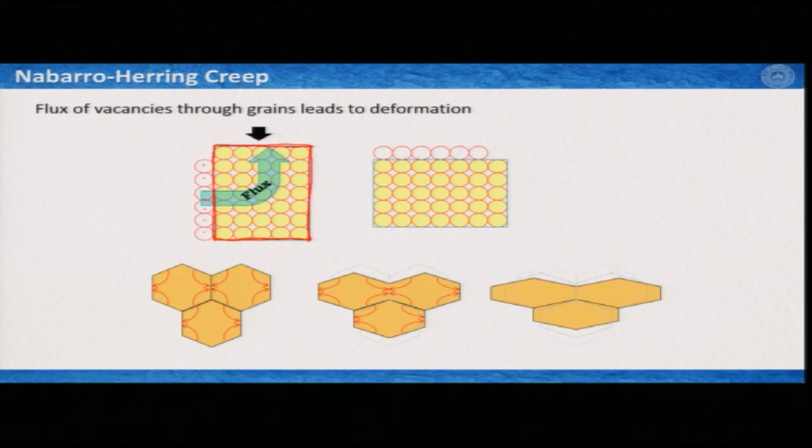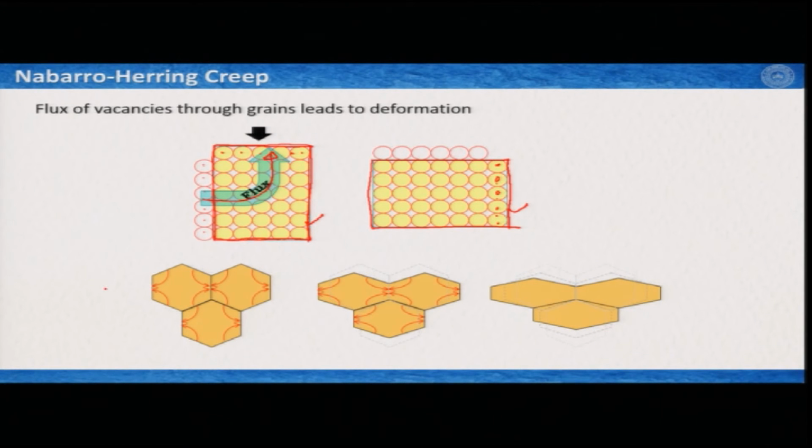So, these vacancies would move through the grain to here, and they will appear somewhere here, and they displace these atoms, they come here. Therefore, the shape actually changes from this to this, and therefore you achieve a deformation, you strain the material, you change the shape of it.